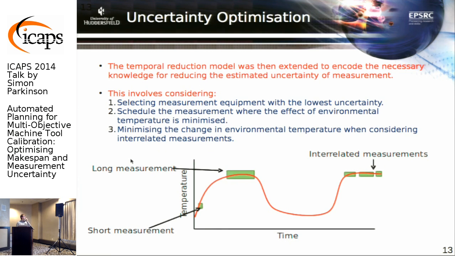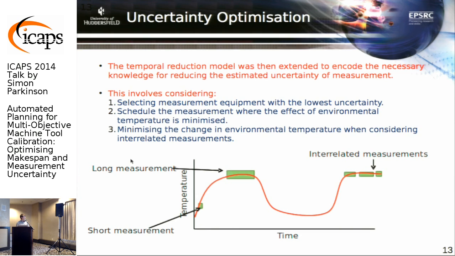So how can we optimize our measurements based on the temperature? First of all, we took our temporal model and extended it to include this. If we look at the bottom graph, as the temperature is going up and down, I should point out that calibration will take place over a few days. It's not just a 1 hour job, it's quite a long period. So in those few days, the temperature will go up and down.